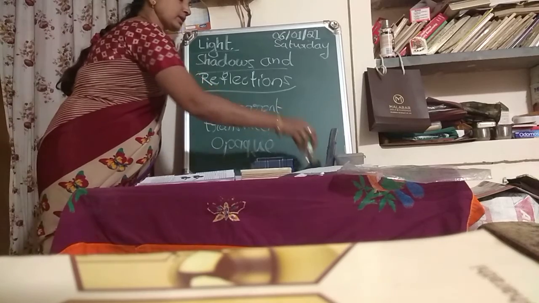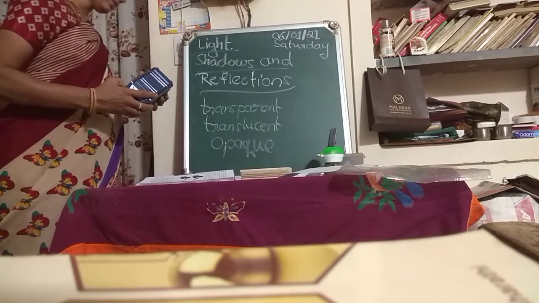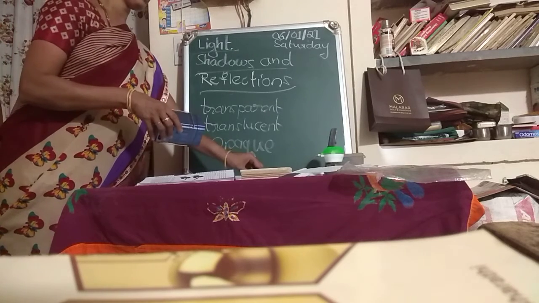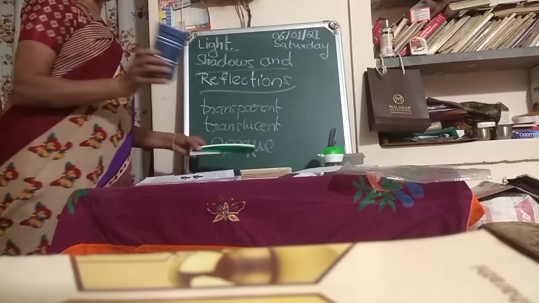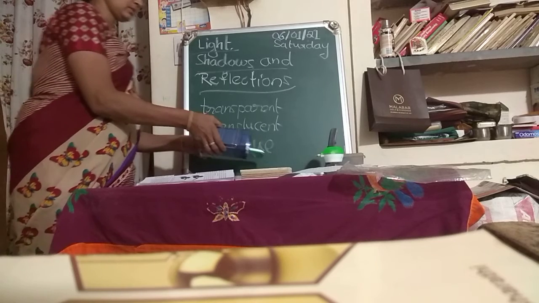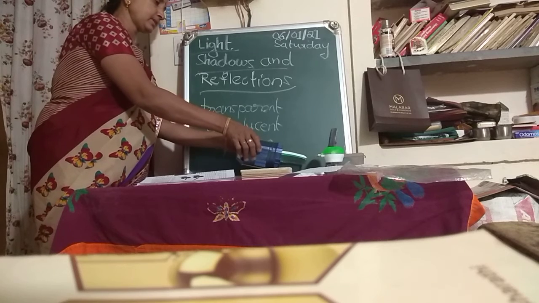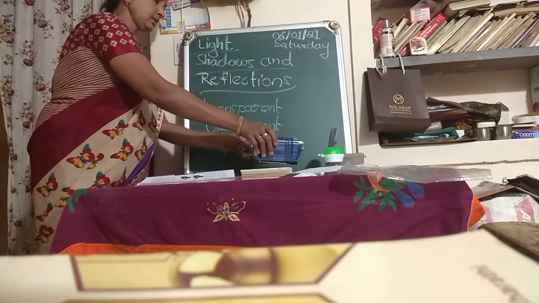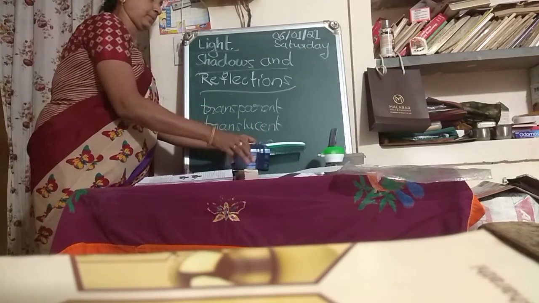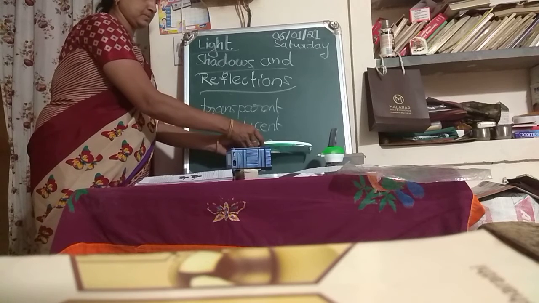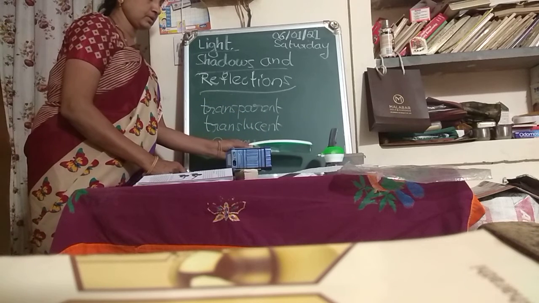Let us see one more example, one more activity, to show light rays travel in a straight line. So this is a comb I have taken, and a battery. When I make the torch light fall on the mirror, it reflects back and you can see the shadow of the comb clearly.